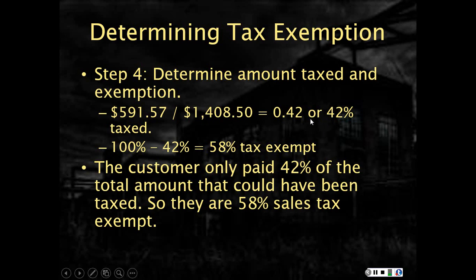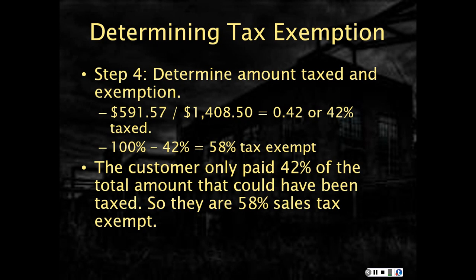They paid 42% of the total taxable amount. So 42% is what they're taxed at. The remainder is 58%, so they're 58% exempt. In summary, the customer only paid 42% of the total amount that could have been taxed, so they're 58% tax exempt.